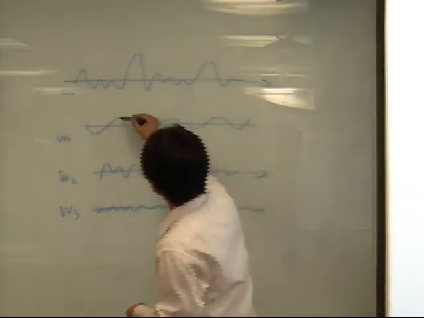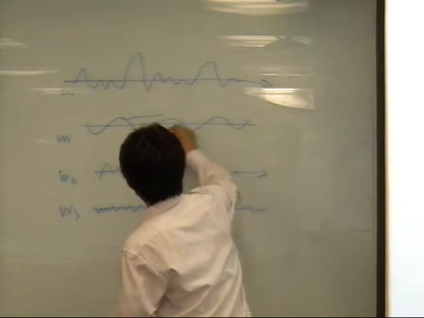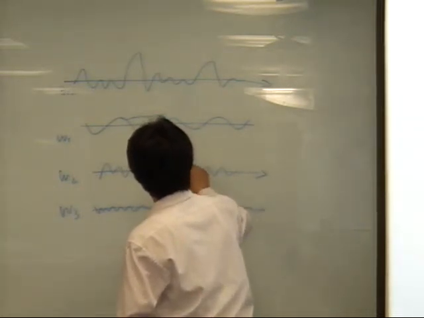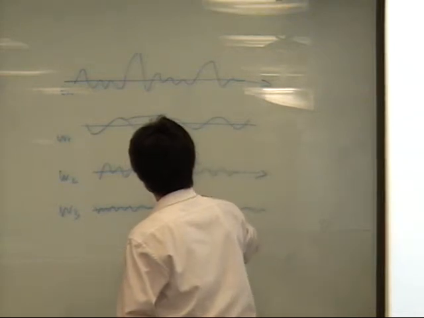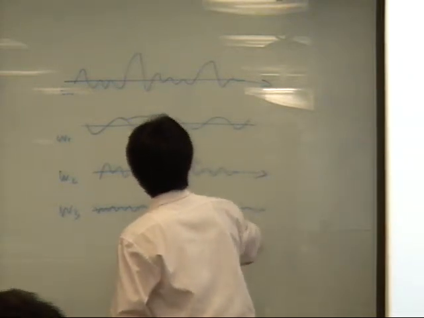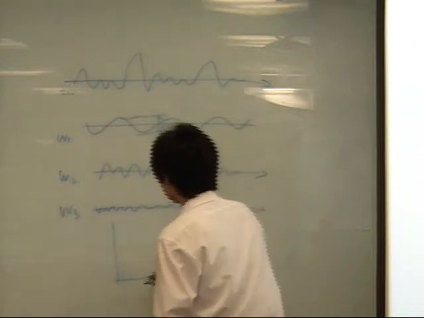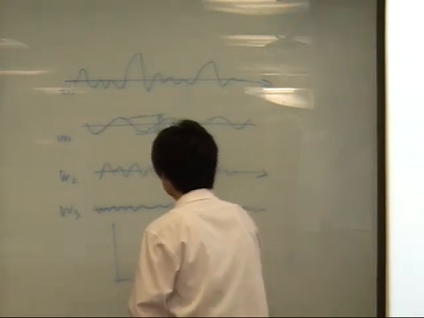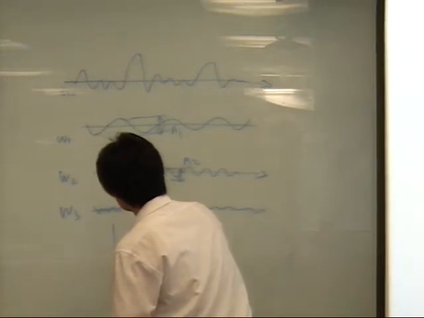Now if we measure the amplitudes A1, A2, A3, and we plot them, this is omega 1, omega 2, and omega 3, like this.